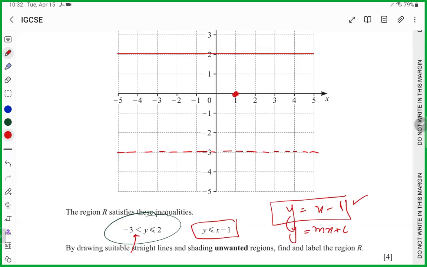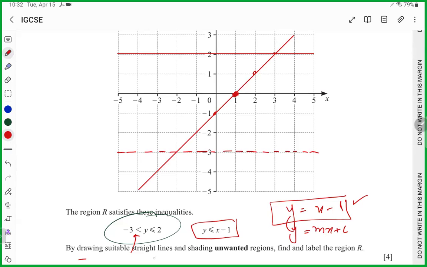Sorry, that is -1. So you're going to draw a straight line that passes through these points. It would be like this.